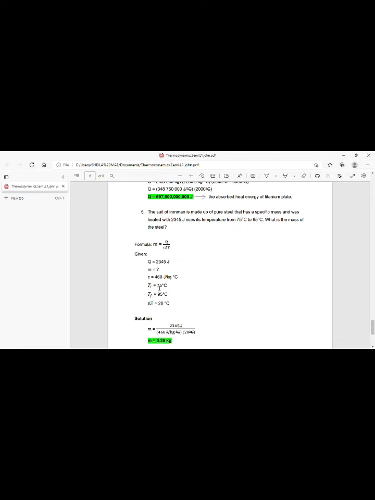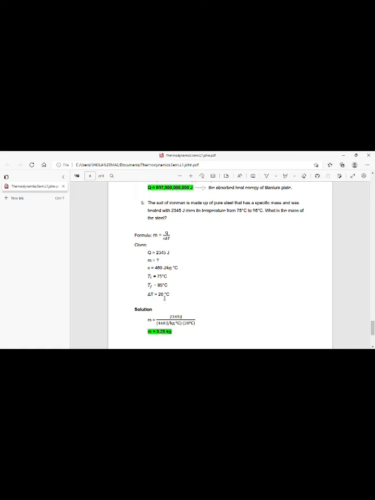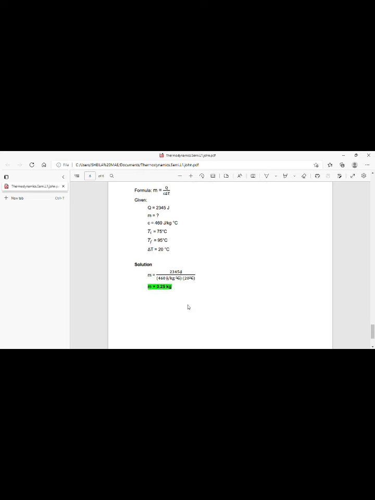The initial temperature is equal to 75 degrees Celsius. The final temperature is equal to 95 degrees Celsius. Our delta T is 20 degrees Celsius because we subtract the initial temperature from the final temperature. Solution: mass is equal to 2,345 joules over 460 joules per kilogram degree Celsius times 20 degrees Celsius.